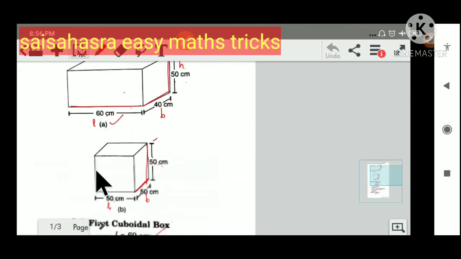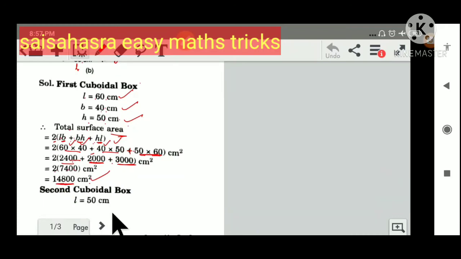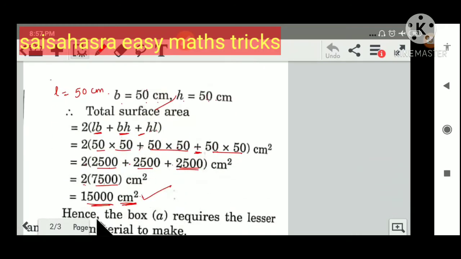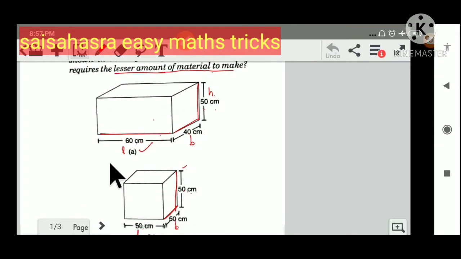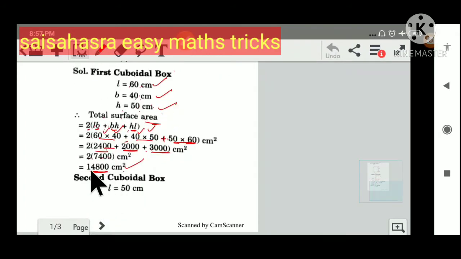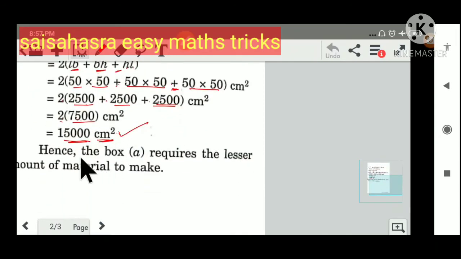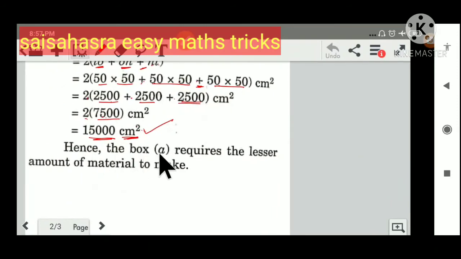By observing both the answers, this is 14,800 and for the second cuboidal box you got 15,000. So which is lesser? First box is having lesser total surface area. Since 14,800 is less than 15,000, we can write the conclusion line that hence box A requires the lesser amount of material to make.